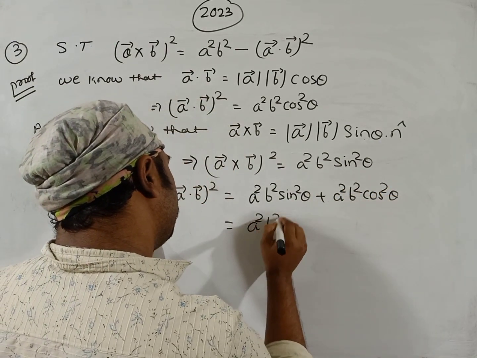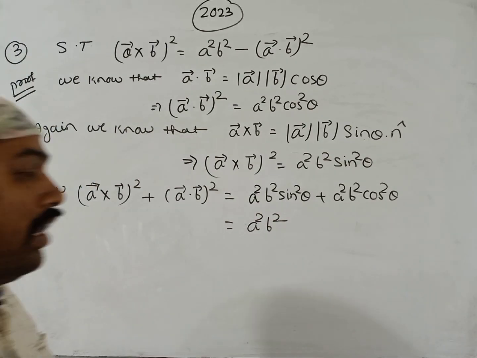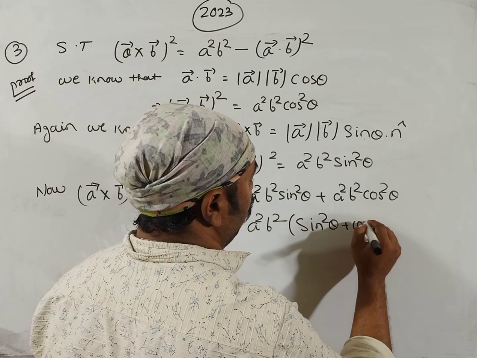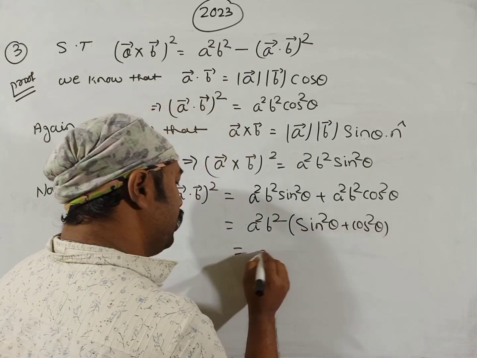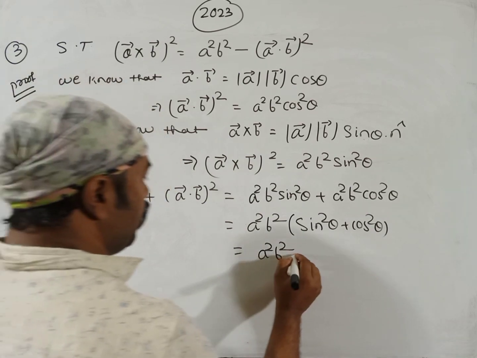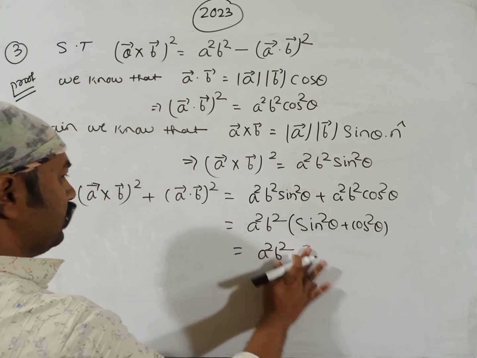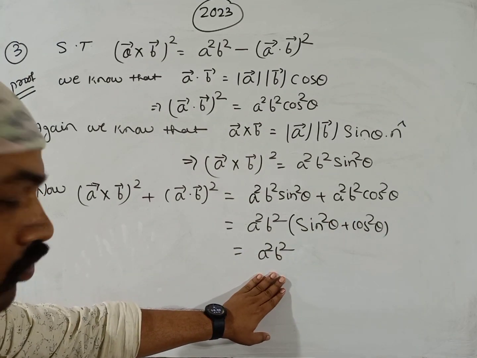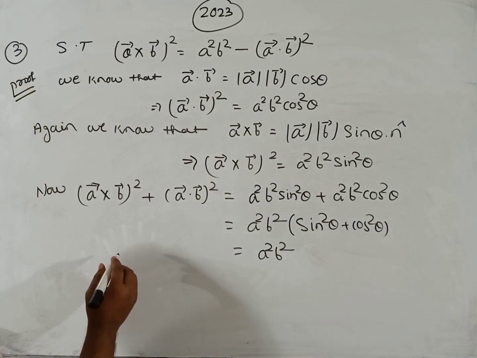Then taking a square b square as common, we have in the bracket sin square theta plus cos square theta. Then it will be a square b square dot 1, or sin square theta plus cos square theta, it is 1, so no need to multiply it here with a square b square.